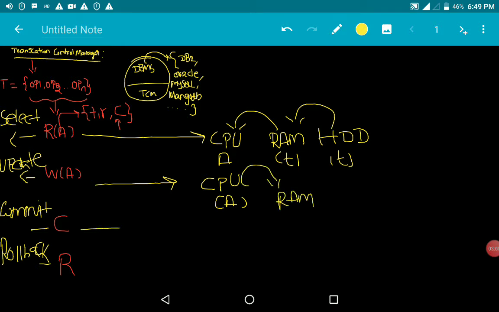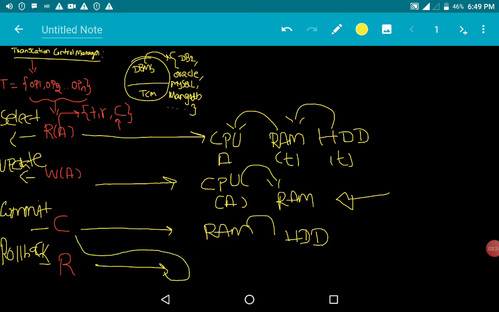And commit means these modified values are updated from RAM into the hard disk drive. Rollback means suppose any failure happens at any stage in between the transaction, then rollback always rolls back to the previous commit point.